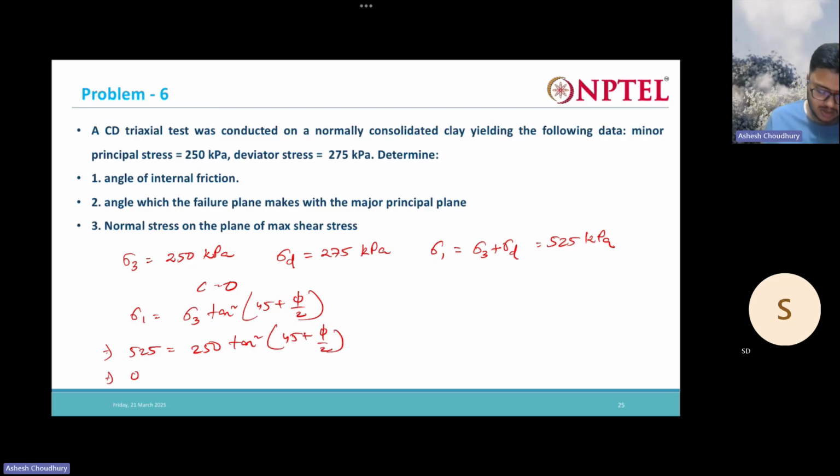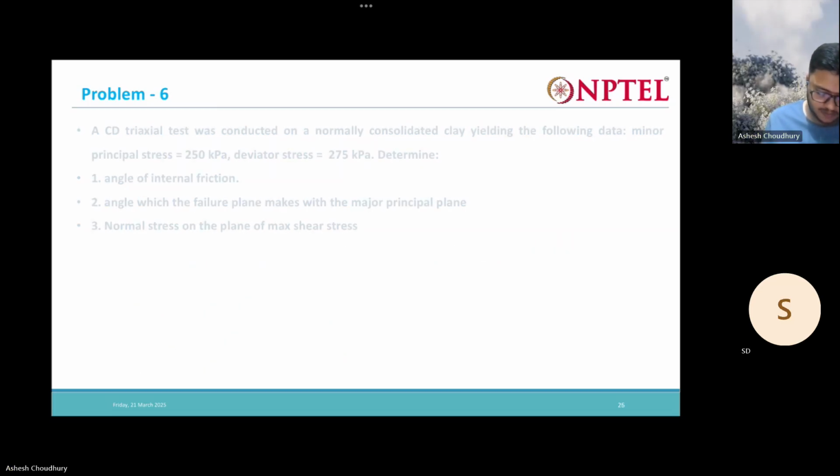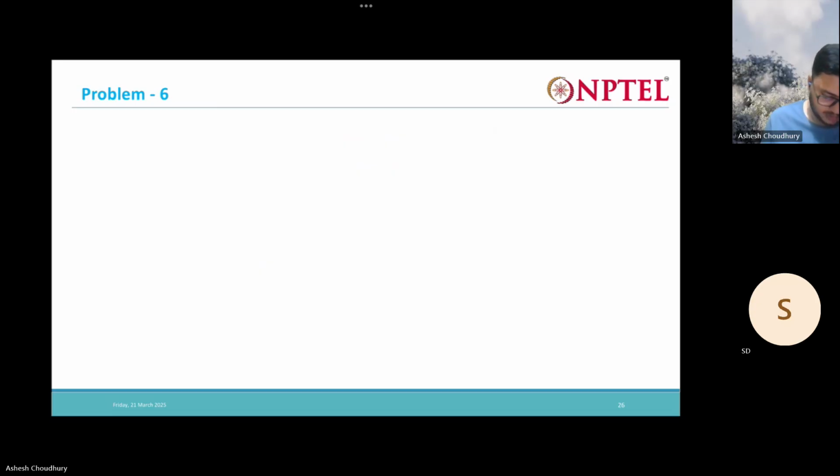From here we can get phi. So this is my inclination of the failure plane with the major principal plane. Okay, this is the inclination.